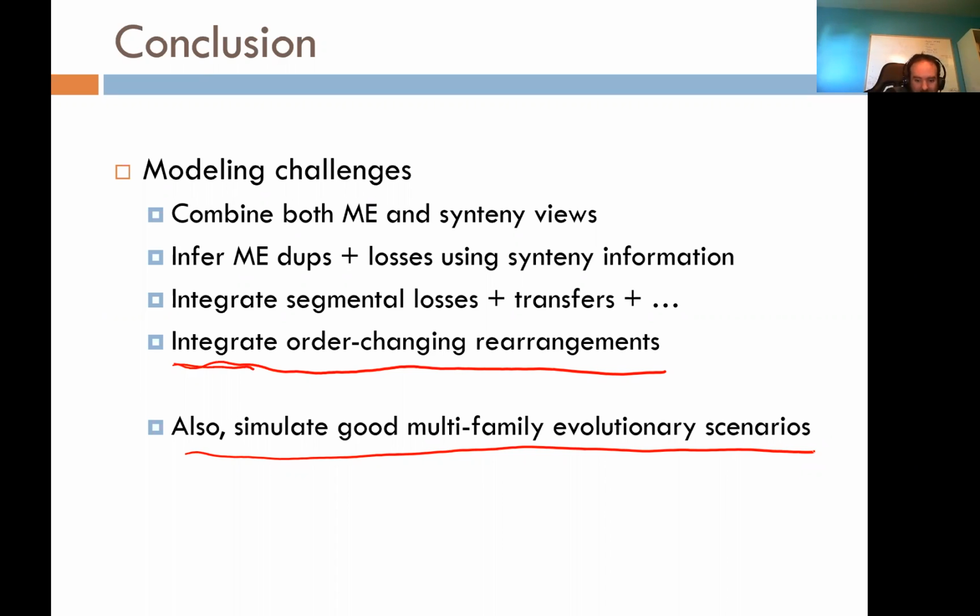So sorry about that if you were here for this, but I will mention that it's not even trivial to simulate genome evolution with segmental events, because you have to choose the length of your segmental duplications and losses. And to my knowledge, current models all choose a location and the length according to a geometric distribution. And we don't think that this is the most appropriate way to do it. It does not consider the diversity of possible events that could happen.